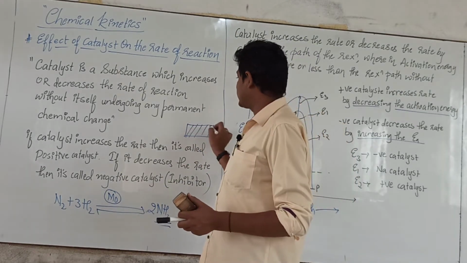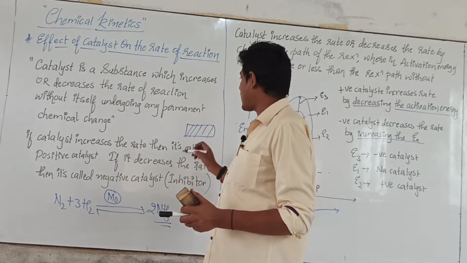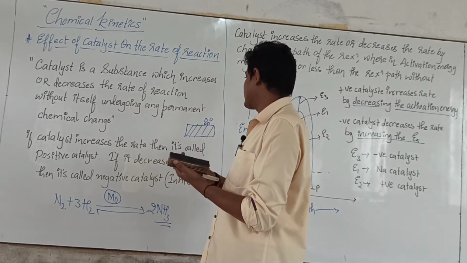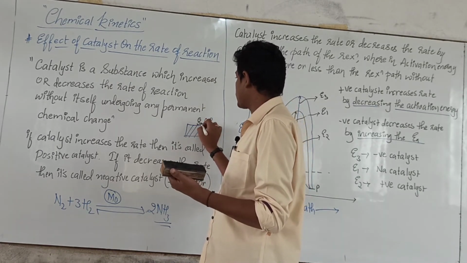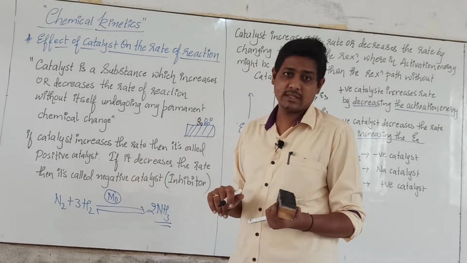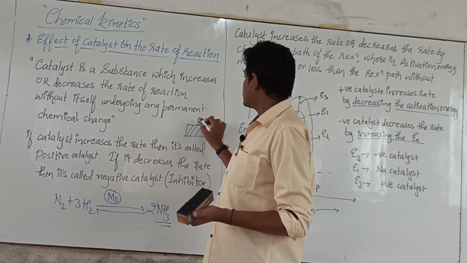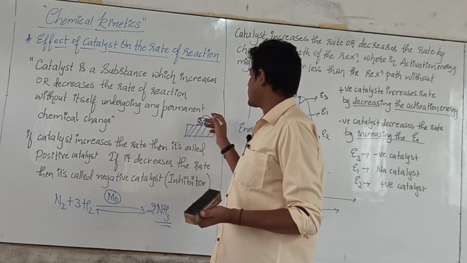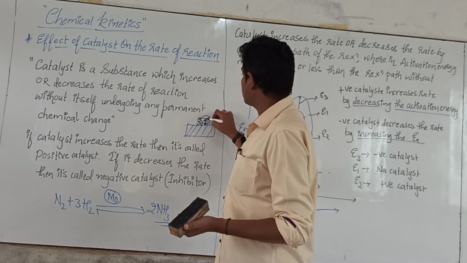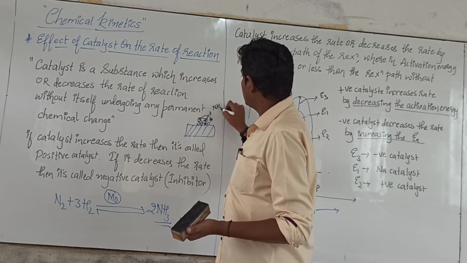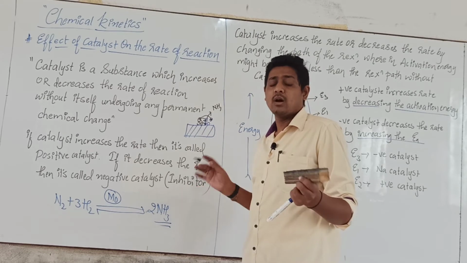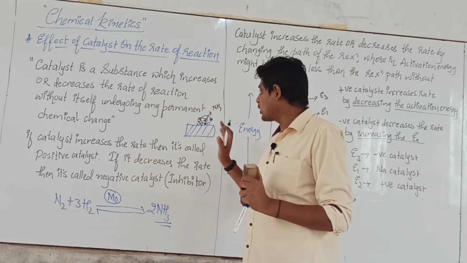On the surface of molybdenum, what will happen? Hydrogen molecules will come, and sorry, nitrogen molecules will come. Here nitrogen will react with 3 molecules of hydrogen and ammonia will be formed, and once ammonia is formed, it will be liberated. So what is the role played by molybdenum?